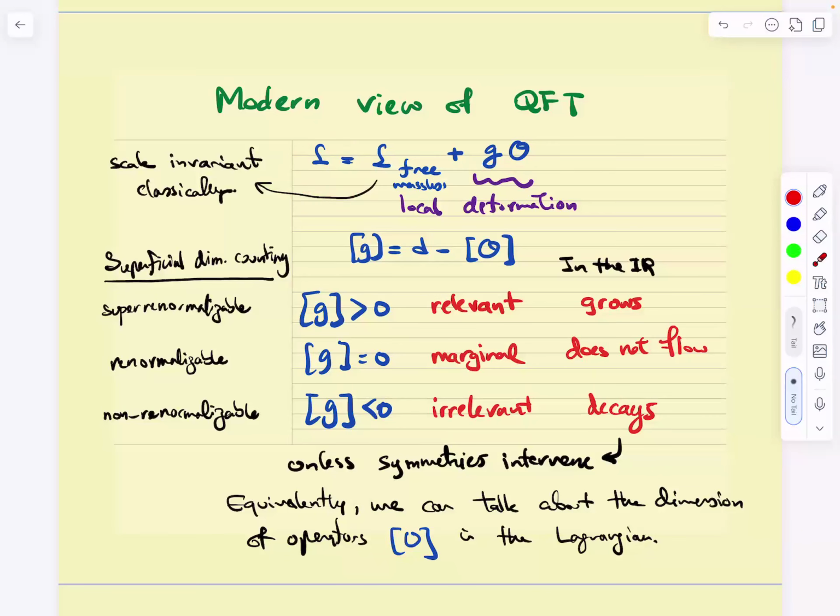Consider a Lagrangian density, say a free massless scalar field, and then an interaction term. I'm going to call that the deformation term because I'm imagining this term is small compared to this one, because we're going to do perturbation theory. That's why we call this a deformation.